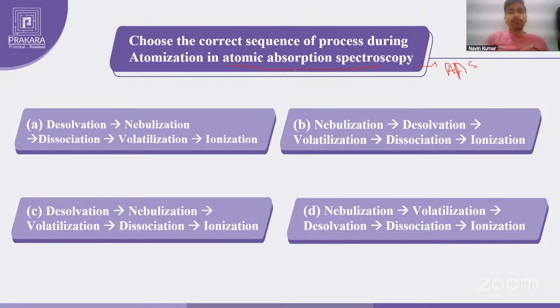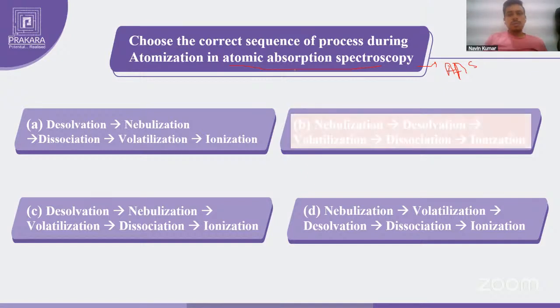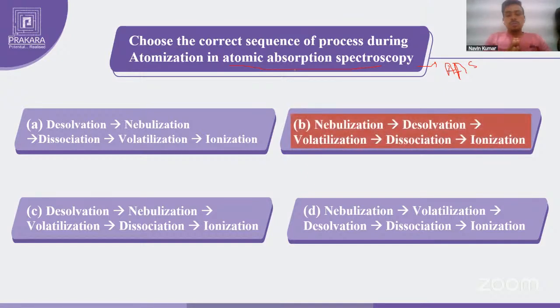So it's talking about the sequence of processes during atomization. It's very simple. We have already discussed atomic absorption spectroscopy in the analysis classes in great detail, where you will be able to find all the concepts. If you have not watched the video of that particular analysis lecture, you can re-watch it.